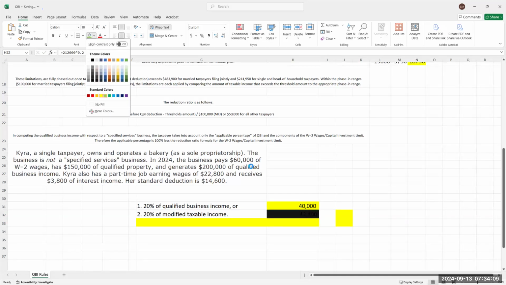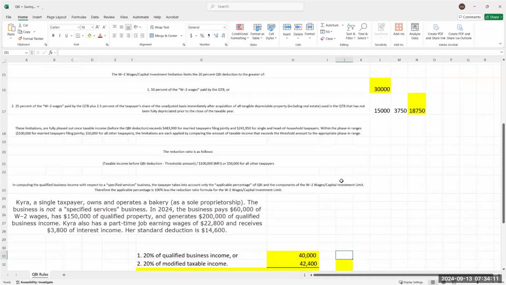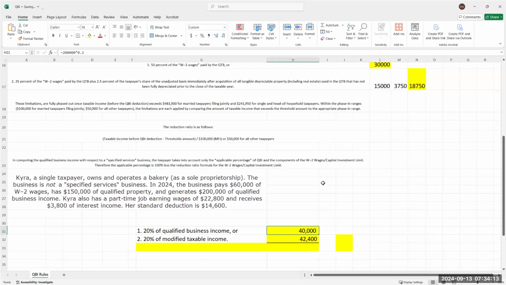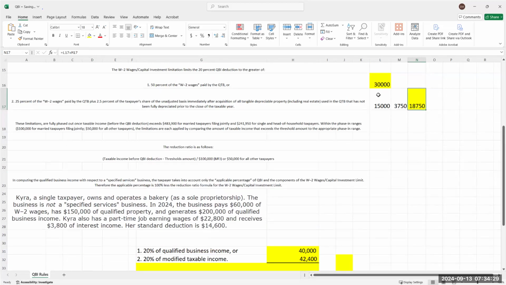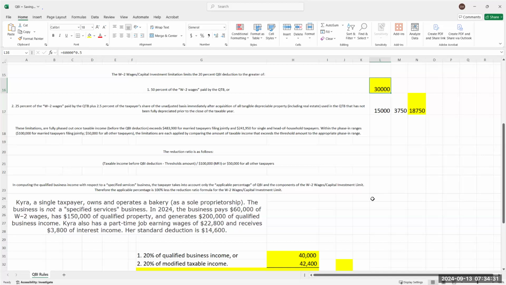So we need to factor in all of these different numbers. 20% of the qualified business income, but it cannot be greater than 30,000 or 18,750. So initially, Kyra's QBI deduction is limited to 30,000. All right, so initially that's what it's limited to.